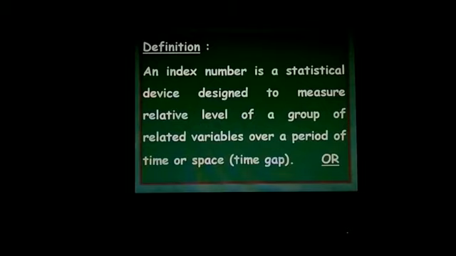So it measures the relative level of a variable, or most of the time a group of related variables, over a period of time or space. What we understand from the entire definition is that over a period of time, we will be able to observe the changes that have taken place using index numbers.